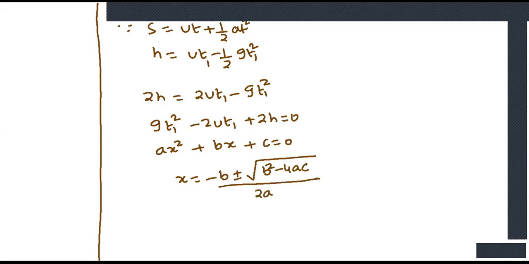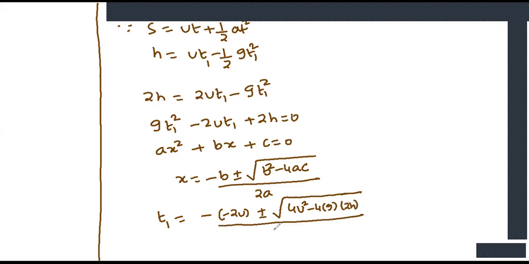So t1 equals minus b, that is 2u, plus or minus under root 4u square minus 4 into a, c means 2h, by 2g.